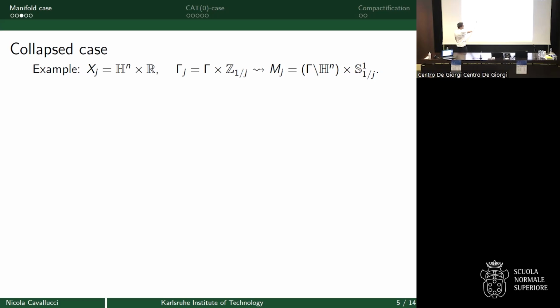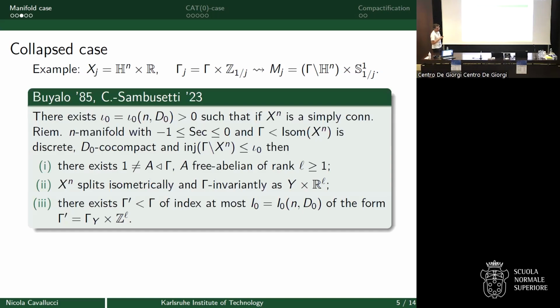The quotient is a fixed hyperbolic manifold times a small circle. And of course, here we are collapsing because the circle factor is making the injectivity radius go to 0. This seems really easy as an example, but actually this is the only example.